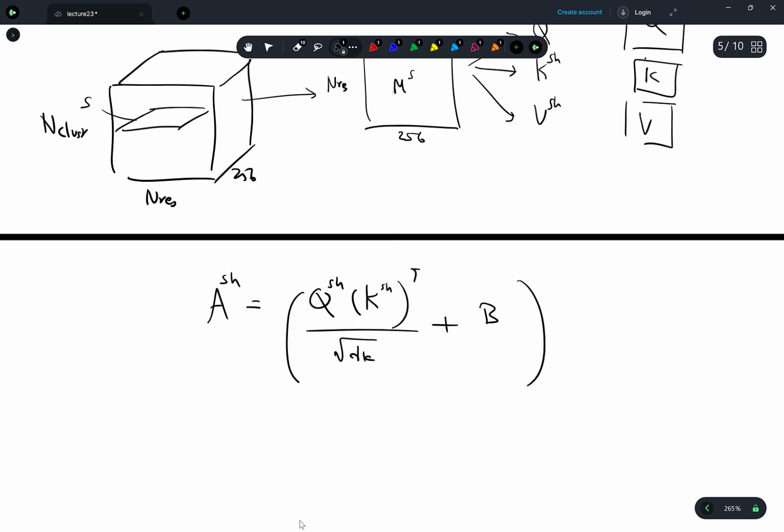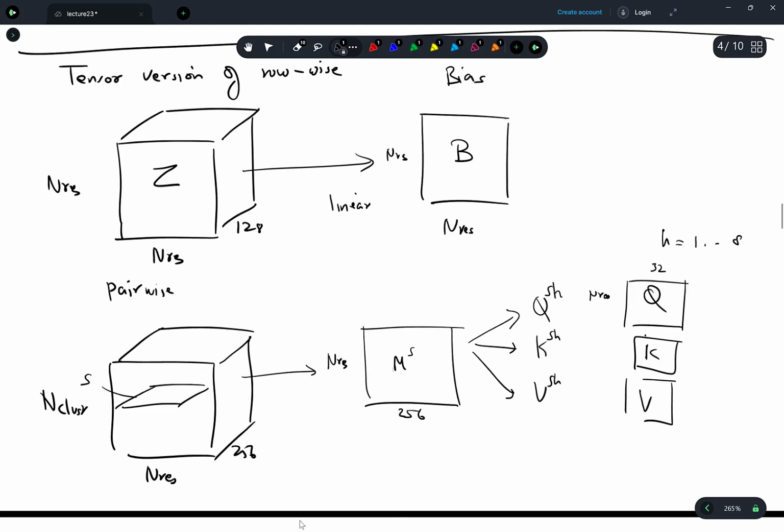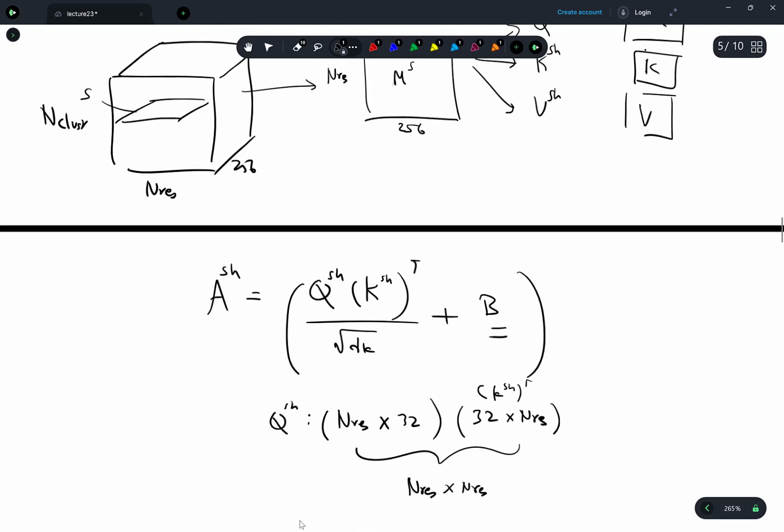You multiply that with the transpose of the key, which is 32 by nres. So you get nres by nres, and B is already nres by nres, so it all checks out. The attention should be a matrix of this dimensionality. So that works out fine.